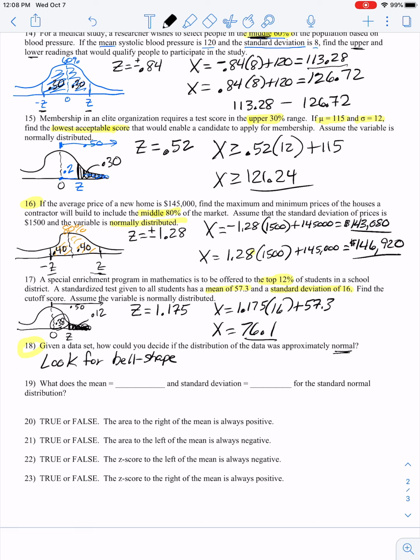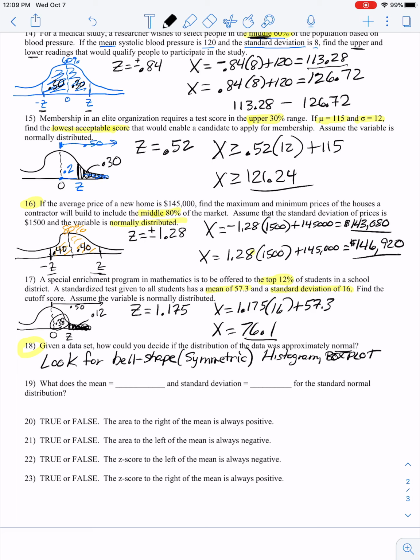Okay, where could you see that? Remember, bell shape is the same as symmetric. If I hear you saying histogram, that's a great idea. You could throw it in your calculator, make a histogram. You could make a box plot. Somehow you could look at a graphic representation to look for that idea of symmetry.